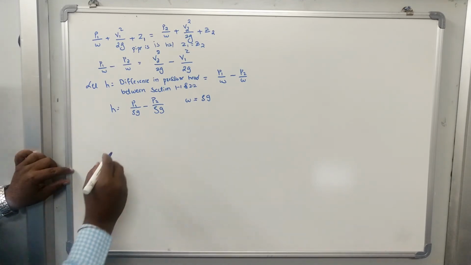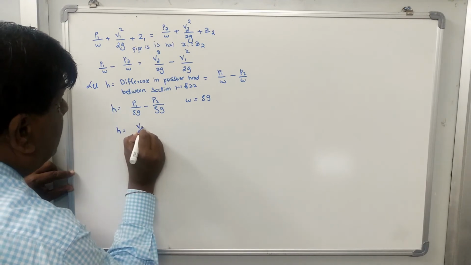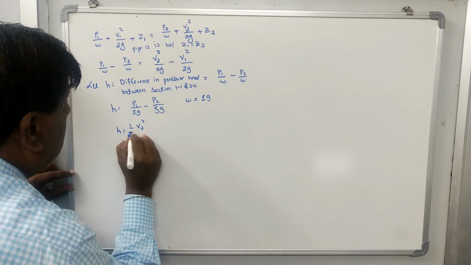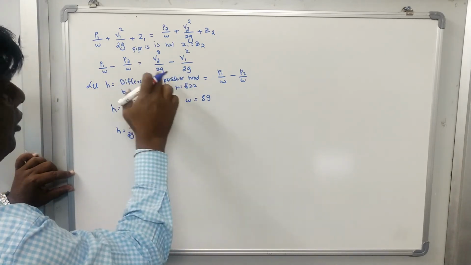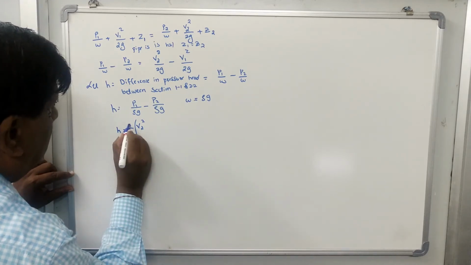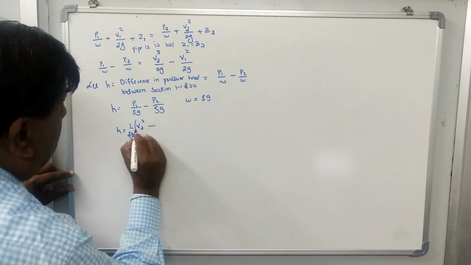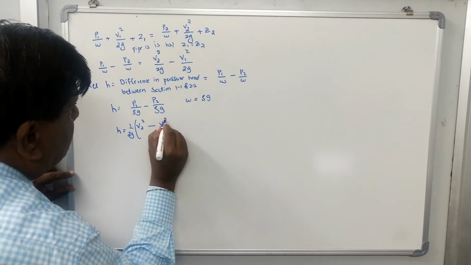So therefore now H is equal to, since 1 by 2G is common, you can take it outside the bracket. H is equal to 1 by 2G times the bracket V2 square minus V1 square.